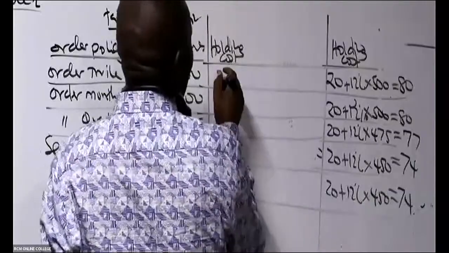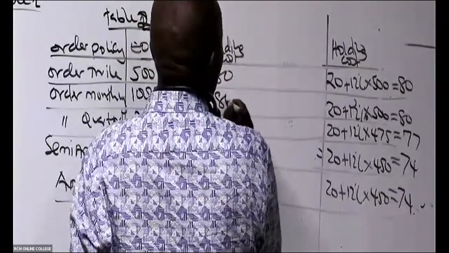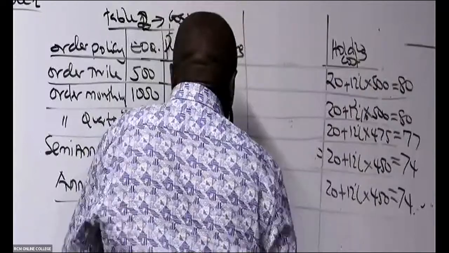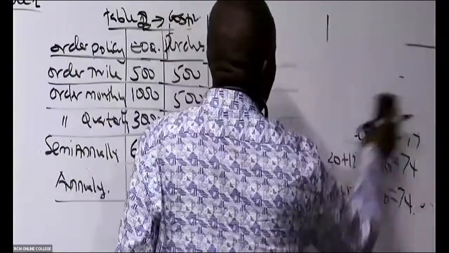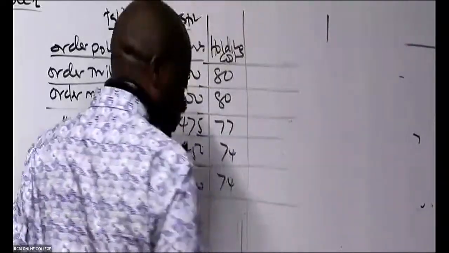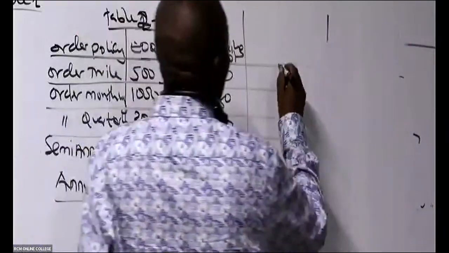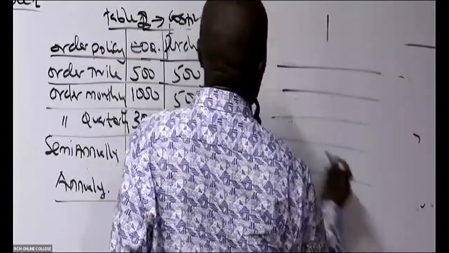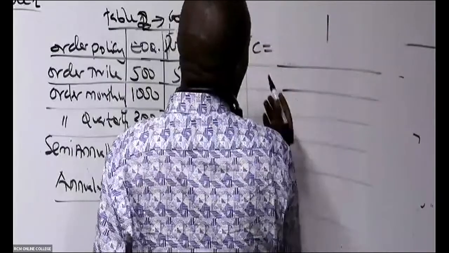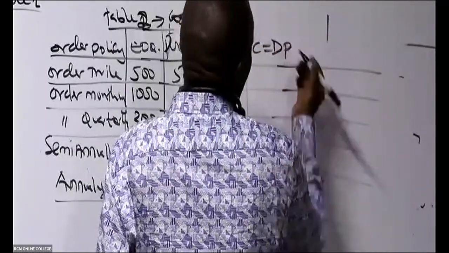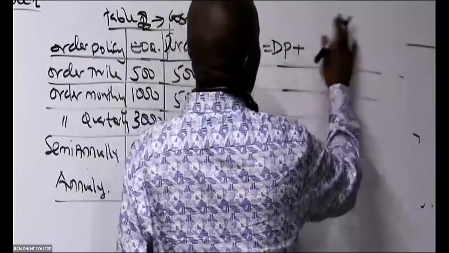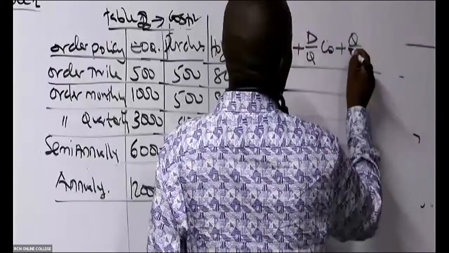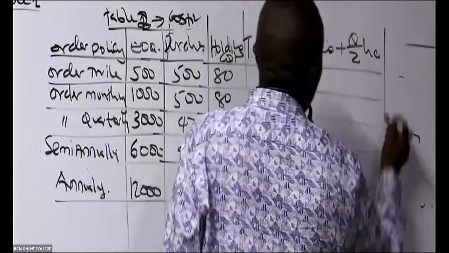So holding cost without any calculations, 80, 80, 77, 74, 74. And then now we have our total cost. So total inventoriable cost, we know it is DP plus D over Q, CO plus Q over 2, HC, like that.